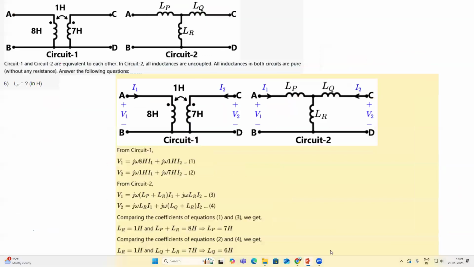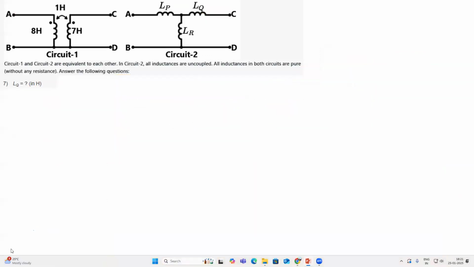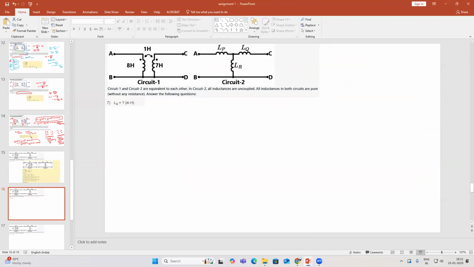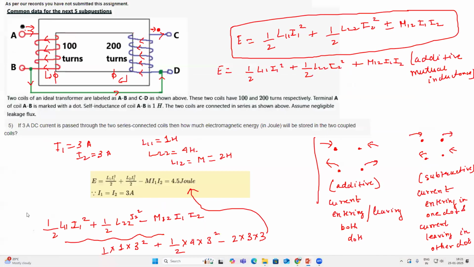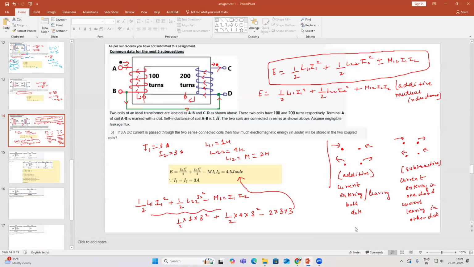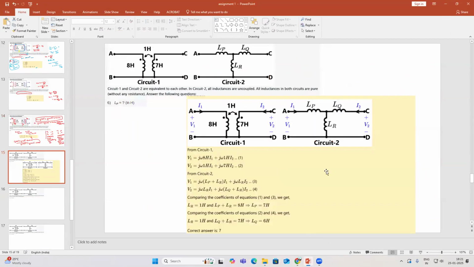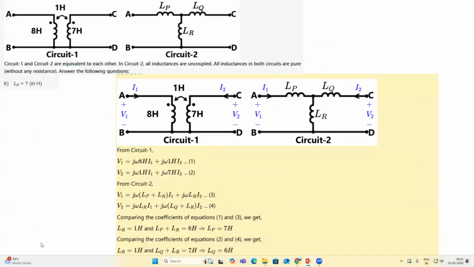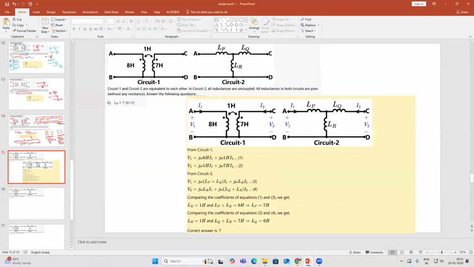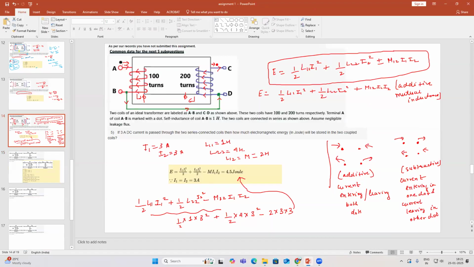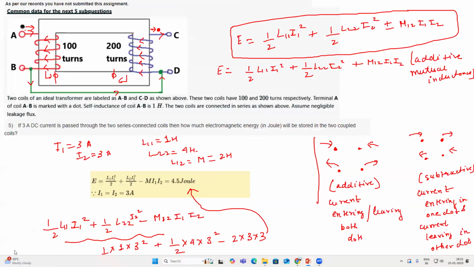Okay, somehow my screen is having some issue. I'm not getting the pen option for some reason. Let me hide this and then do this.